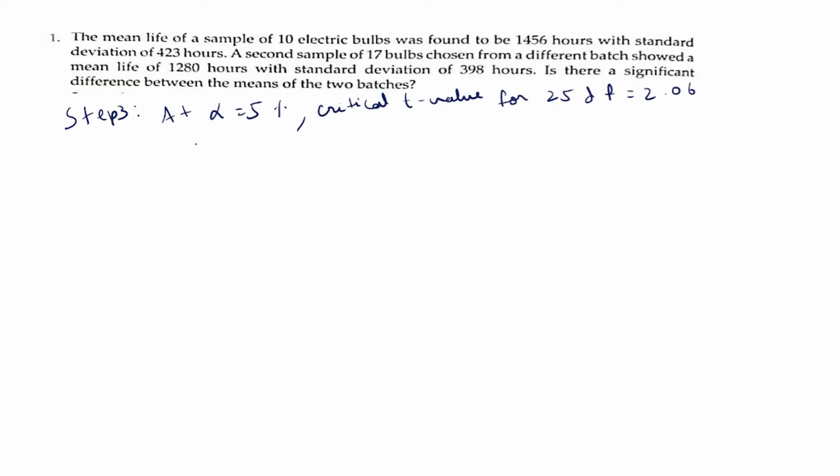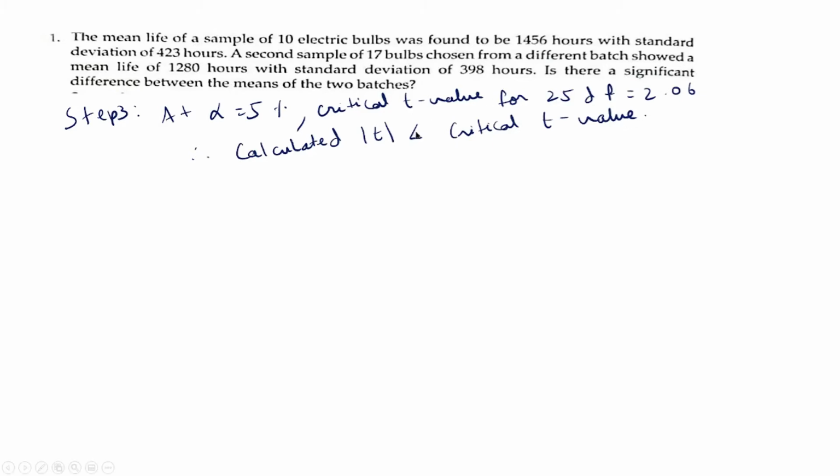We got the calculated value as 1.04. Therefore, calculated mod t is less than the critical t value. Critical t value is nothing but the t value that we got from the table.